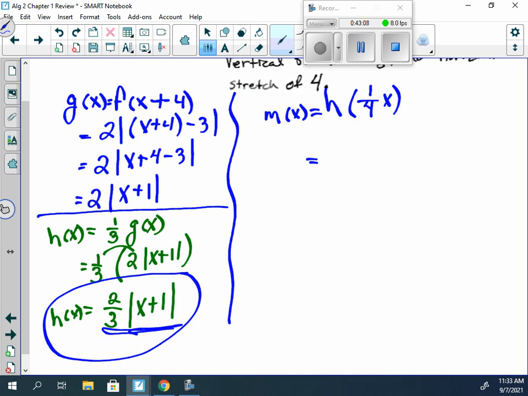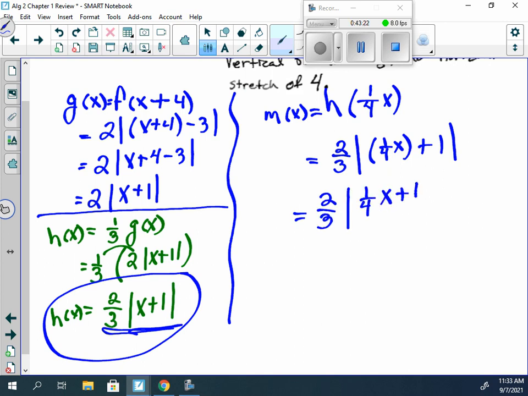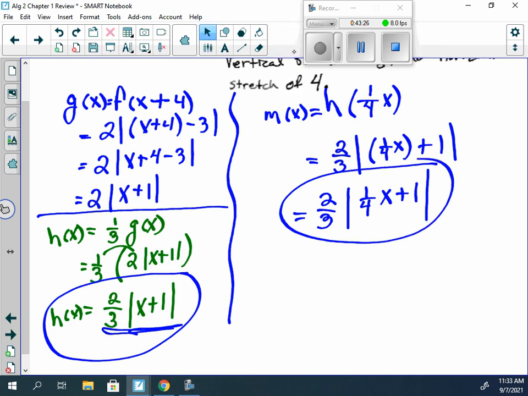I'm replacing it. So we would have 2/3 absolute value of 1/4 x plus 1. And that's it. That is all we have to do for this here.